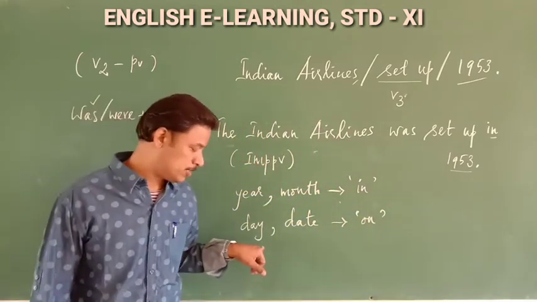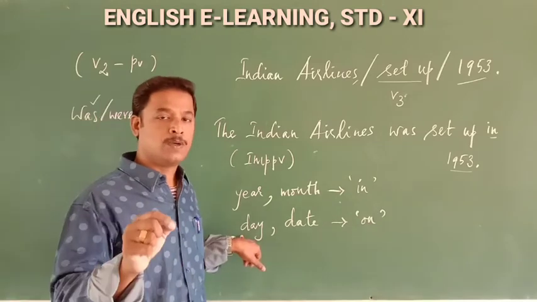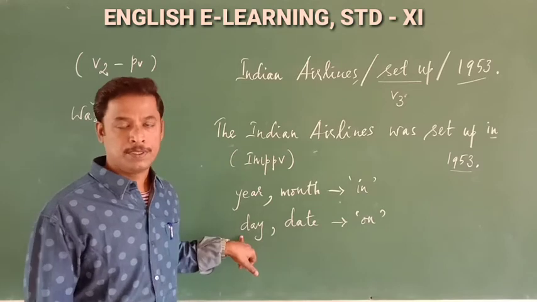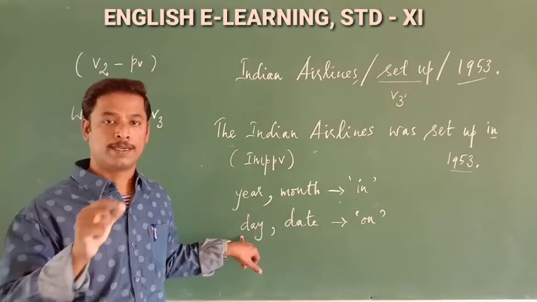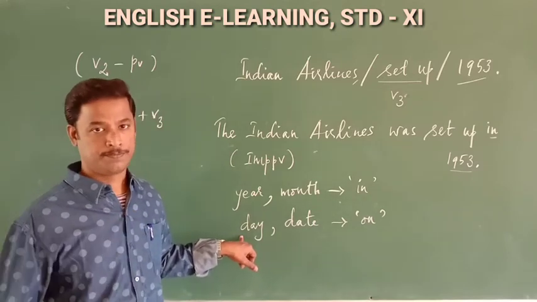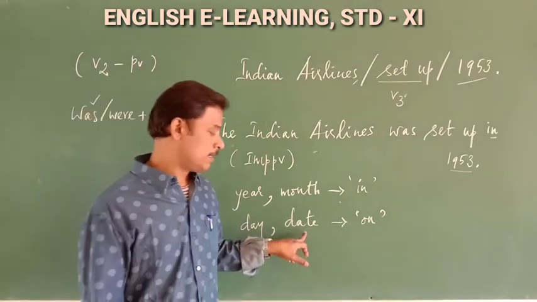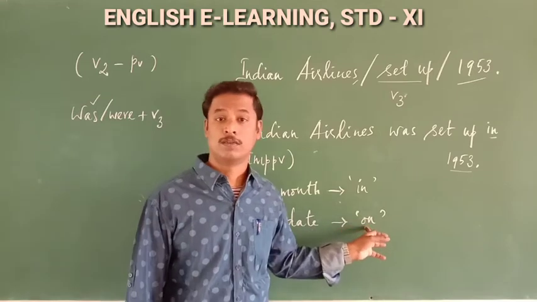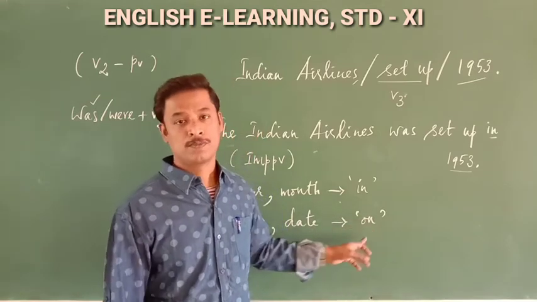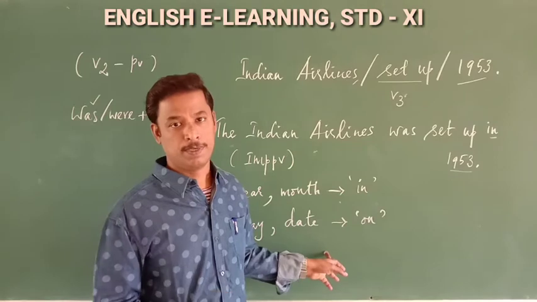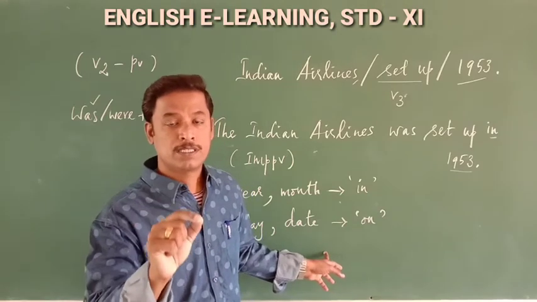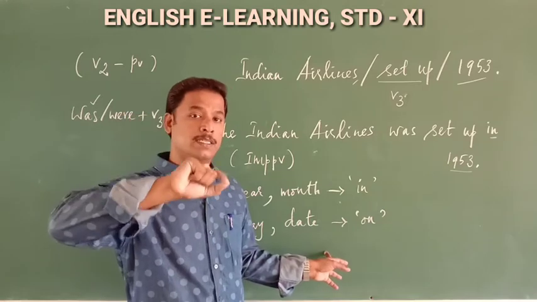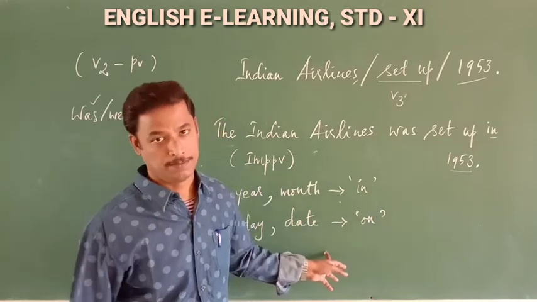Okay, in order to mention some particular day, Monday or Thursday or Saturday, we must use on Sunday, on Monday. Again, in order to mention the date, the preposition on must be used. On 18th November, on the 1st September, on 18th of December.